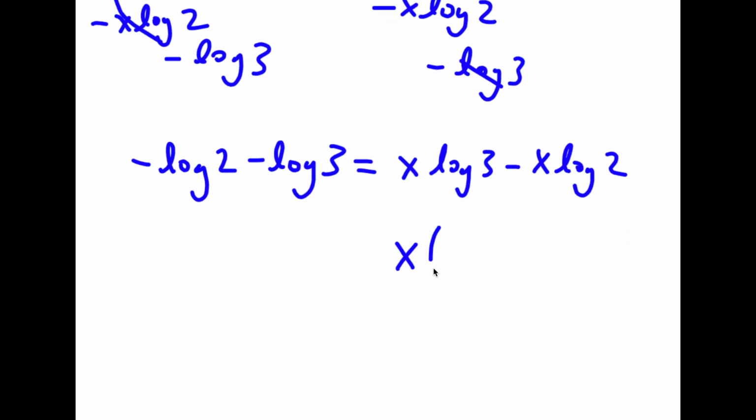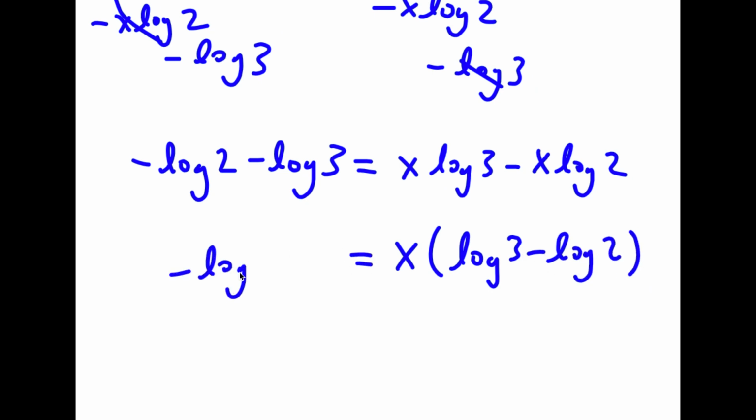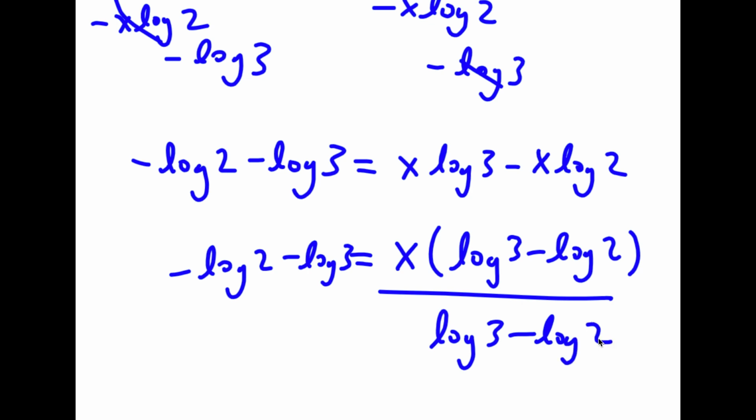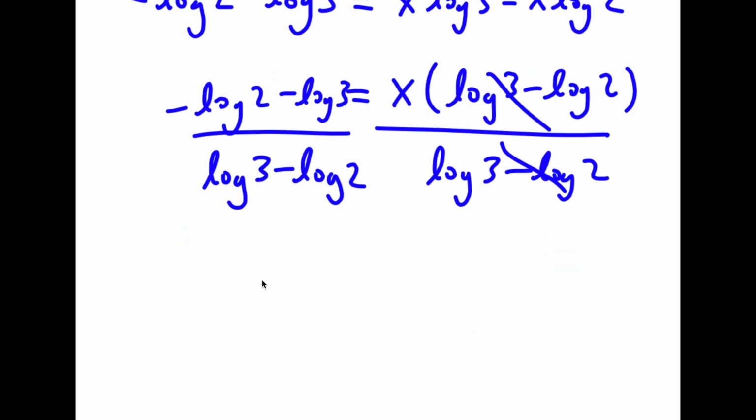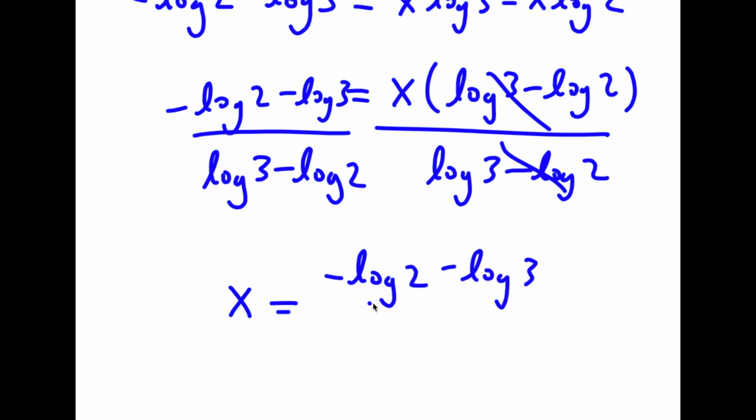Now if I factor out x from here, I get x times (log 3 minus log 2) is equal to negative log 2 minus log 3. If I divide both sides by log 3 minus log 2, I have x is equal to negative log 2 minus log 3 over log 3 minus log 2.